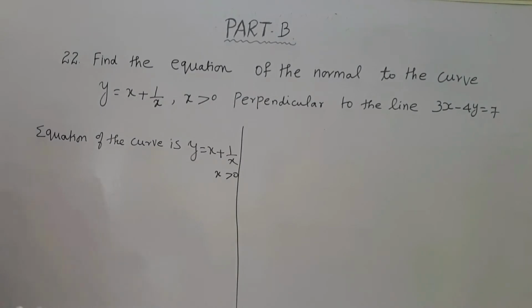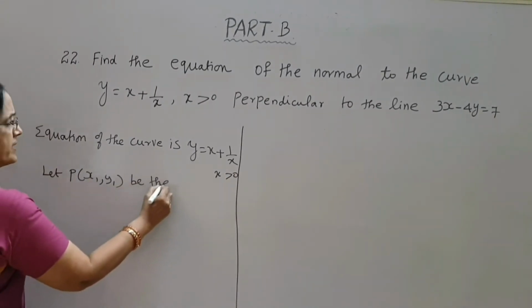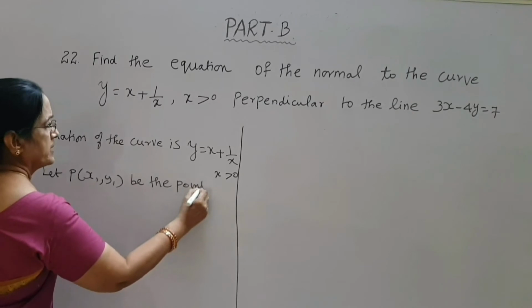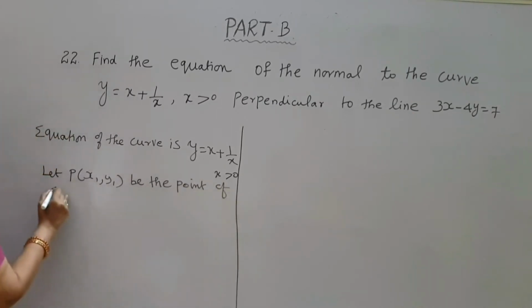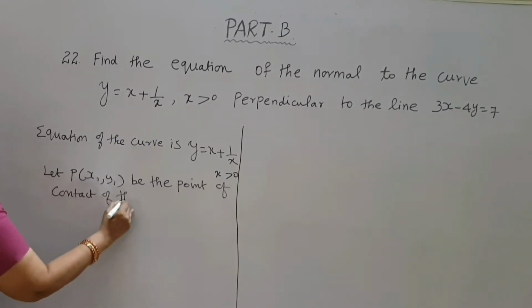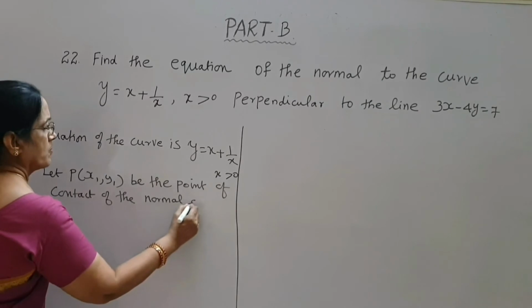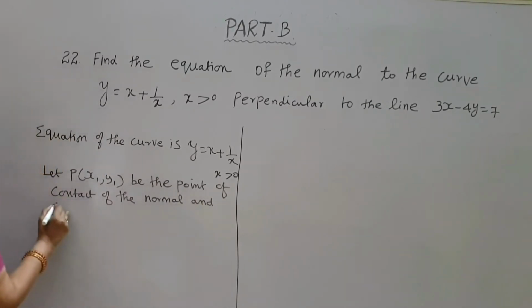First we make the assumption, let P(x1, y1) be the point of contact of the normal and the curve.